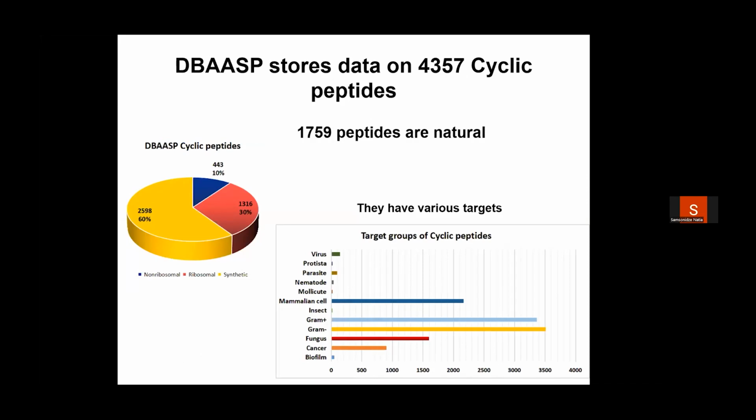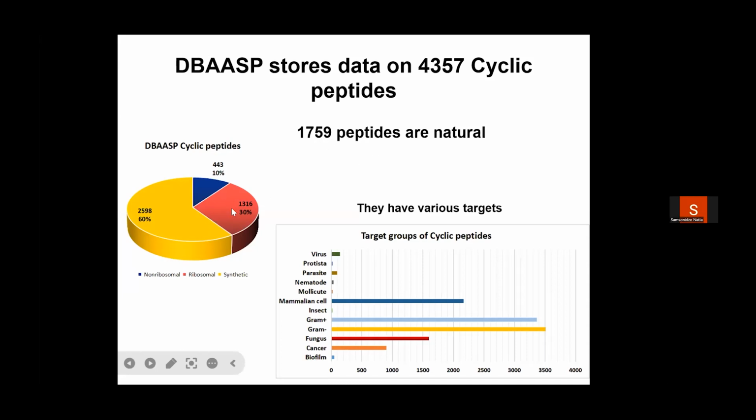Our database stores 4,757 cyclic peptides, of which only 1,759 are natural.